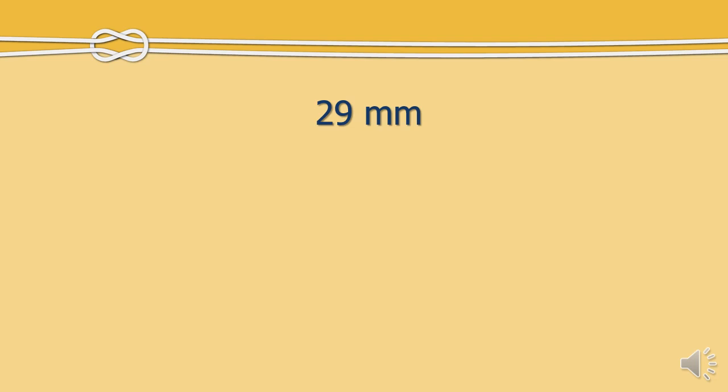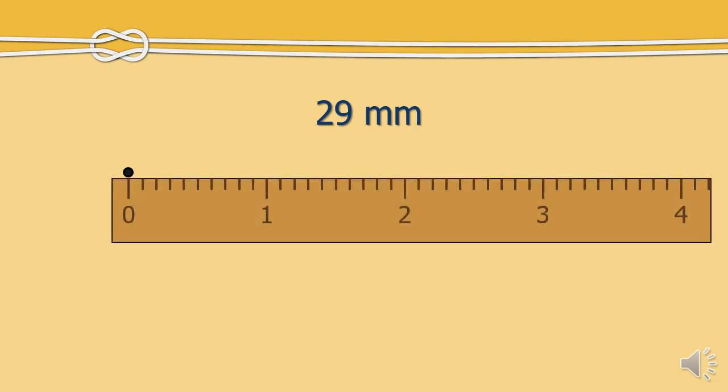Let's try another one. What if you wanted to make a line that was 29 millimeters long? Again, you need the starting dot, and you need to line it up with the 0 on your ruler. Now, remember, these are centimeters that are numbered, but the millimeters are the ones in between. So if you go from the 0 to the 1, that would be 10 millimeters.